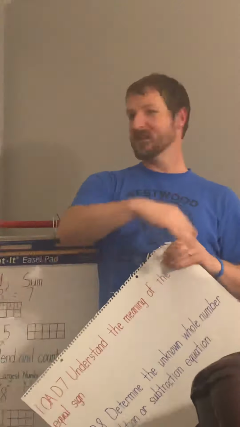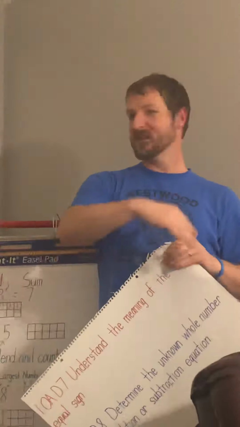We're going to take the 3 that we know right here. I'm going to use my 3 marker, and I'm going to place some ones in the 10 frame. Normally in a 10 frame you might see dots, but we're going to place ones there.